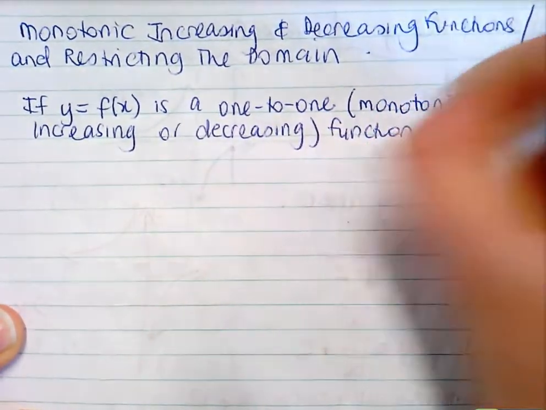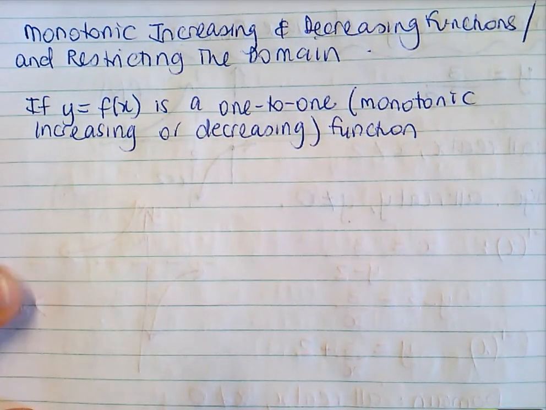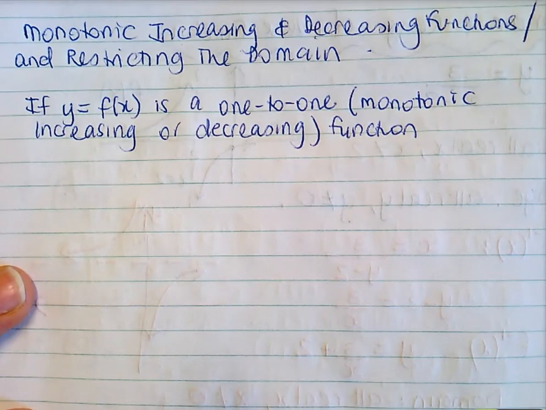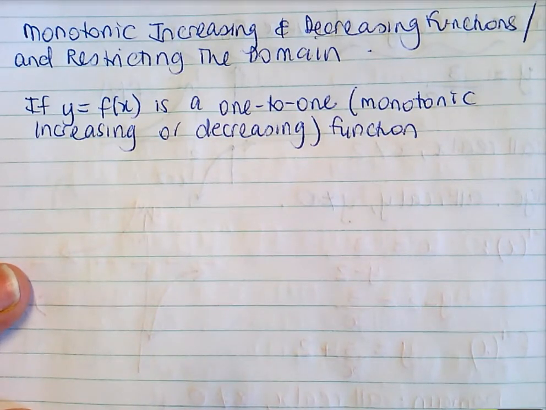For every one x value, there is one y value. And for every one y value, there is one x value. That's what 1-to-1 means. Now, y equals x squared is not a 1-to-1 function.